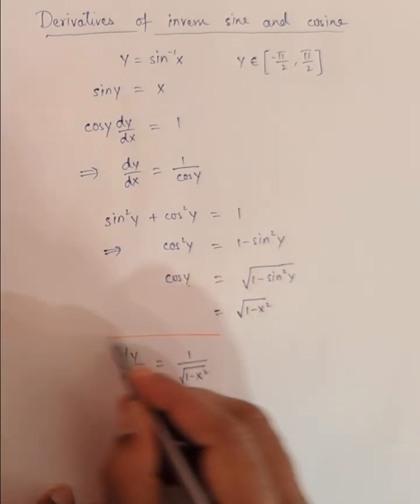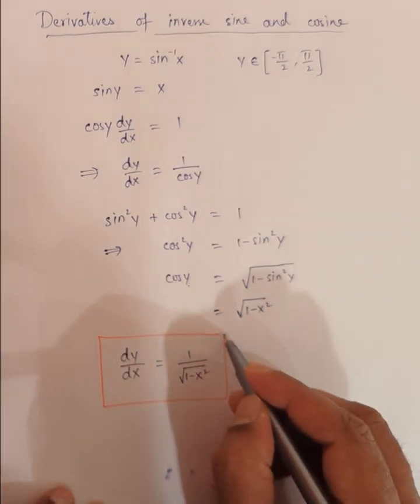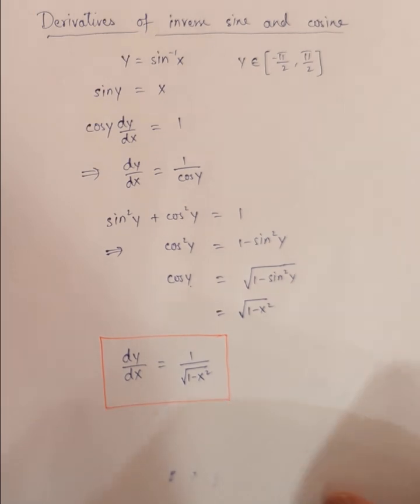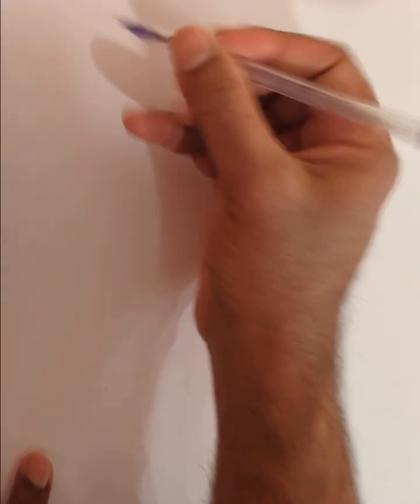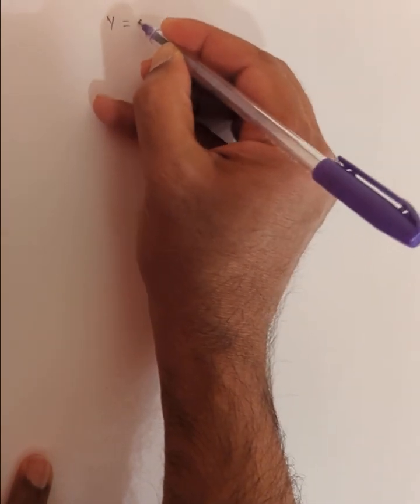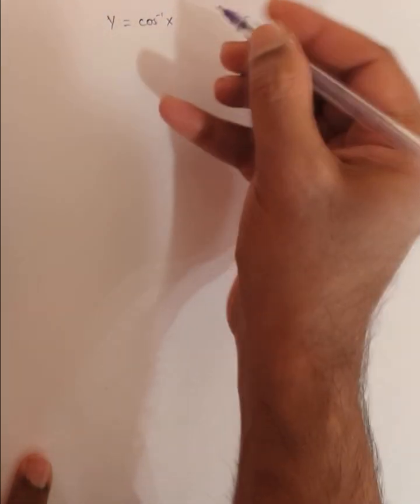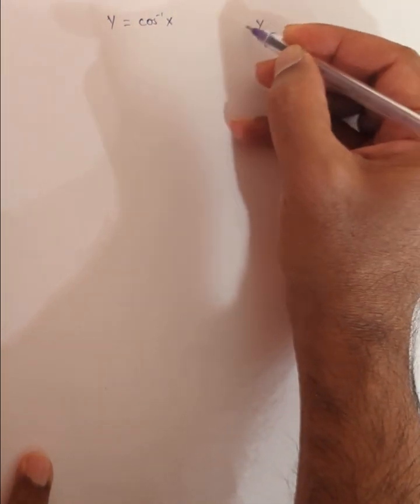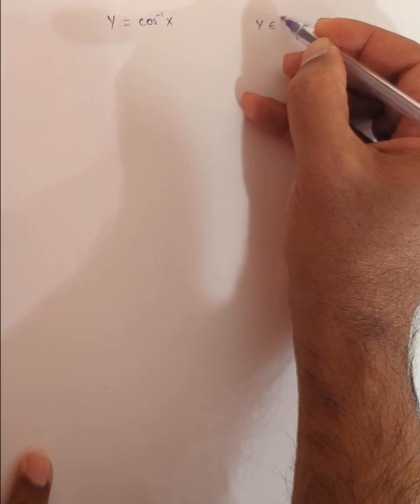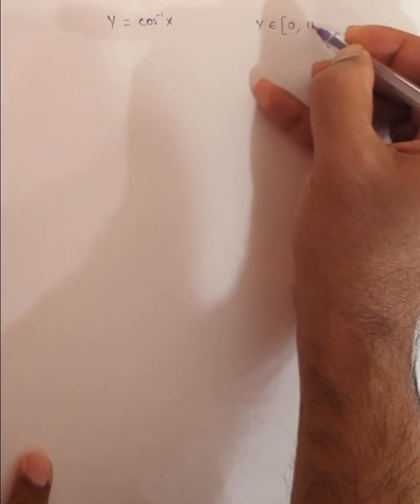Now let's go ahead and do a similar process to figure out the derivative of cosine inverse x. So I'm going to write y equals cosine inverse x, and notice that the range of cosine inverse is in the first and second quadrants.